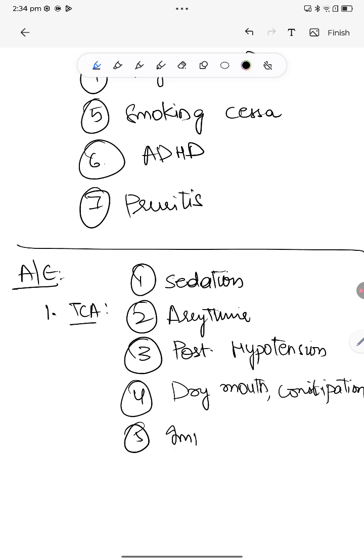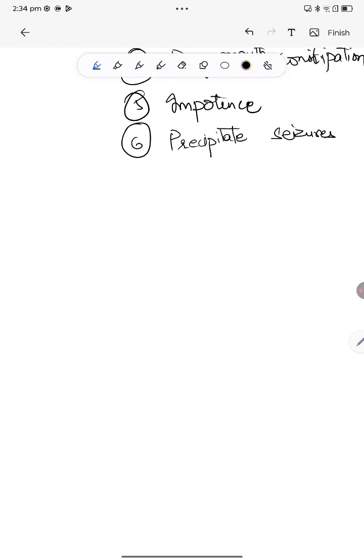Fifthly, these drugs are also known to cause impotence, except for one drug, that is dothiepin. It is known to cause less impotence, and trazodone is primarily used for the treatment of impotence, so we can use them. TCAs are known to cause some sort of sexual dysfunction. And they also precipitate seizures.